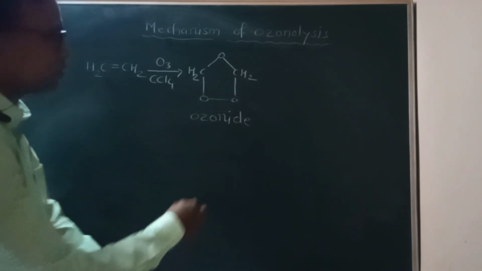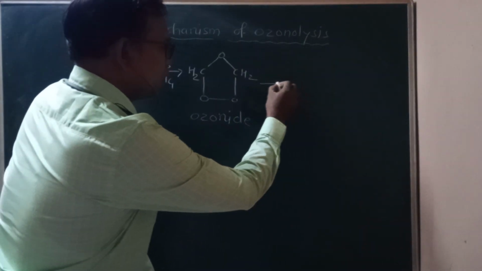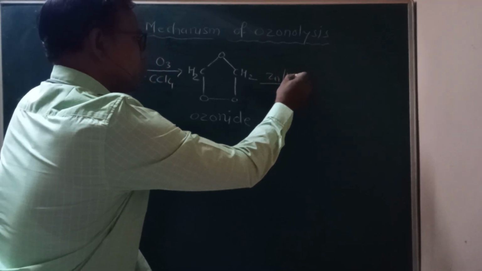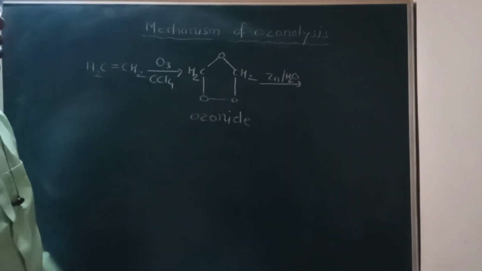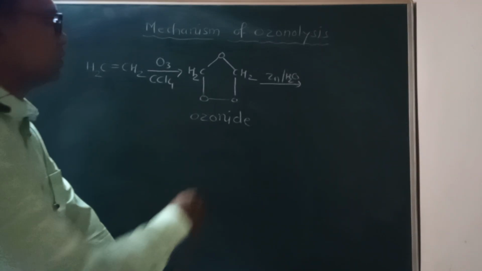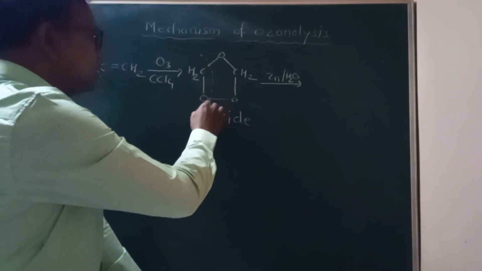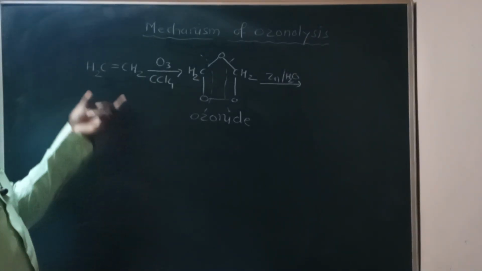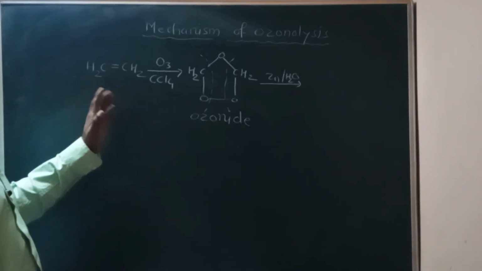And this, on either oxidative or reductive cleavage. So it's a reductive cleavage. You can also use an oxidizing agent like hydrogen peroxide or any other oxidizing agent. So that cleavage takes place like this, giving, in this case, two molecules of formaldehyde, because our reactant is a symmetrical alkene.